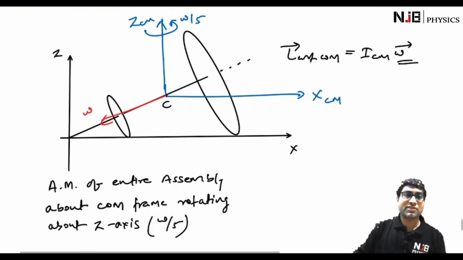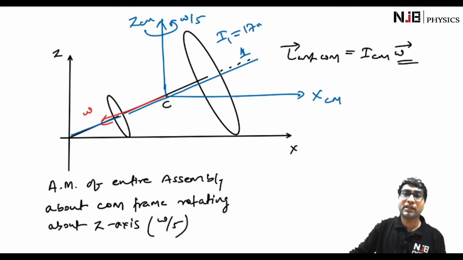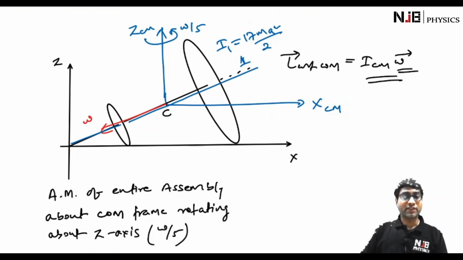That axis is the first principal axis from the previous case, and about this principal axis we already know the moment of inertia is 17 ma square by 2. So the magnitude of this angular momentum is going to be ICM times omega, that is 17 ma square by 2 times omega.